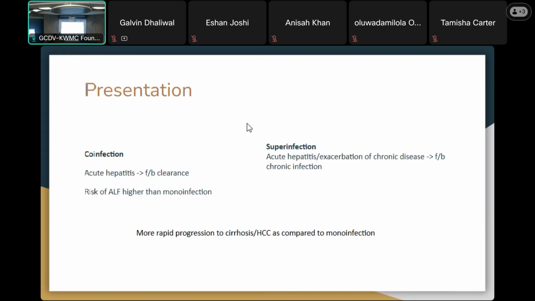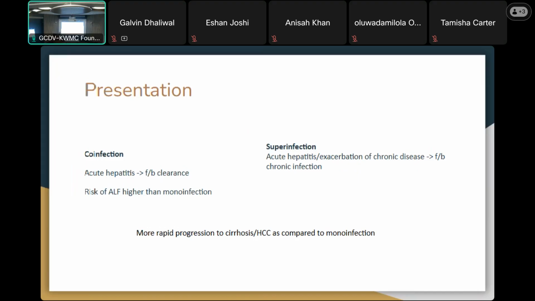All right. So co-infection versus superinfection. I have a picture in the next slide. But what co-infection means is that you're getting infected with both at the same time. Superinfection means you already have chronic Hep B and then you got Hep D on top of it. Which one is worse? Just take a guess.